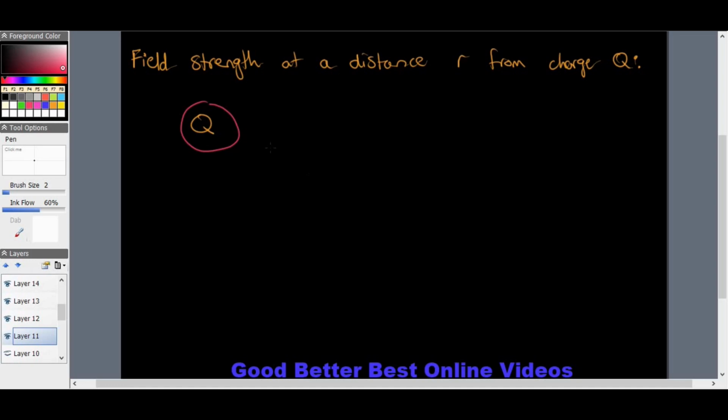Okay, and here we have, this is R, and we want to know at this point here what is the electric field. Okay, that formula would be E is equal to Coulomb's constant times the charge all over distance squared.